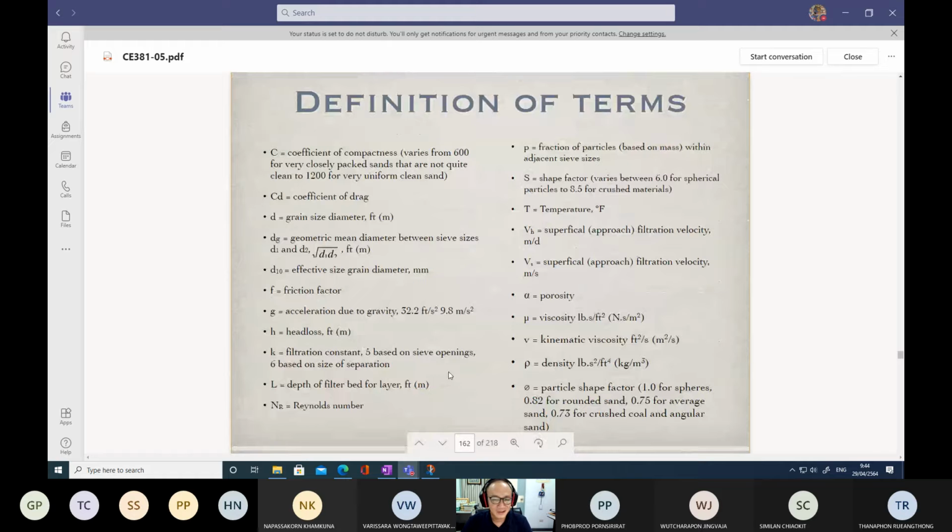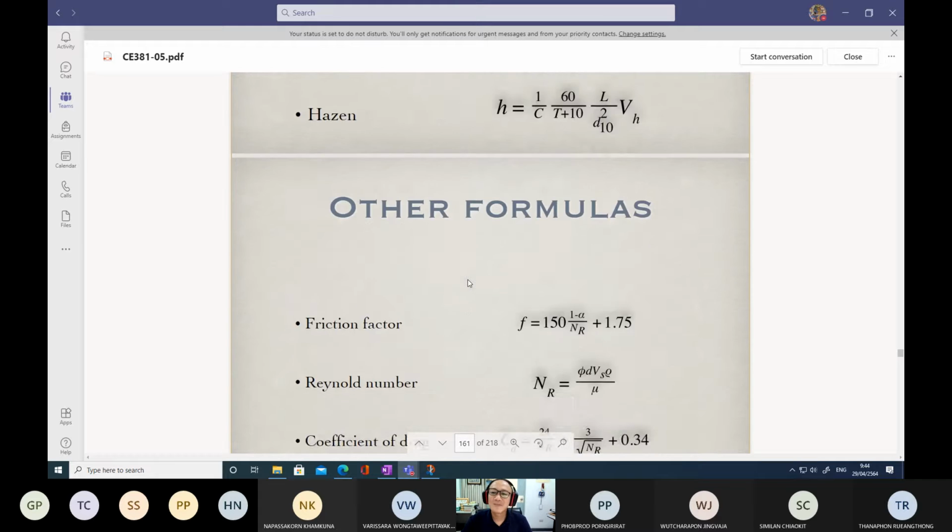You have to look for the definitions here. D is the grain size diameter in this case.